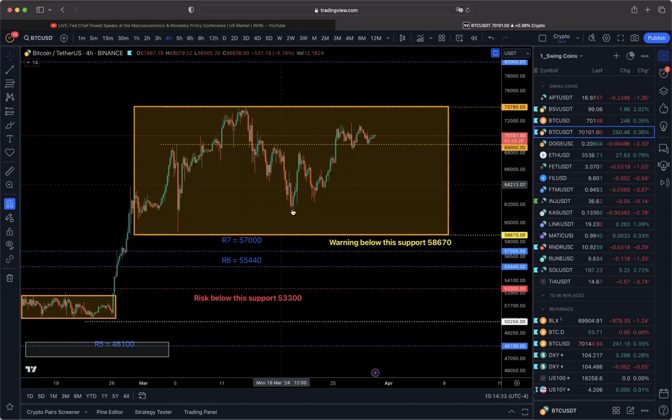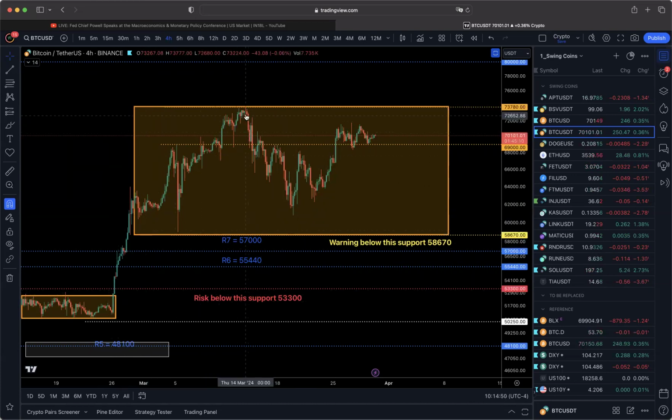So that means this is deep but not deep enough to threaten the trend, or I would say it didn't negate it by any means.